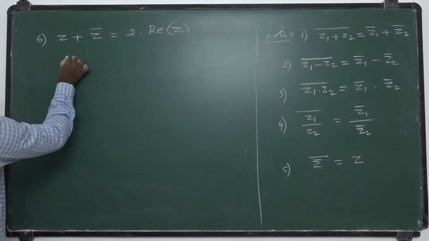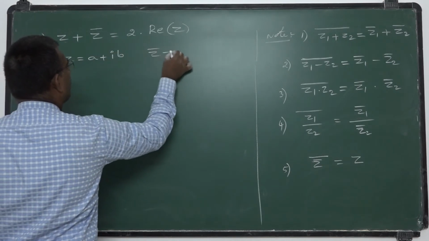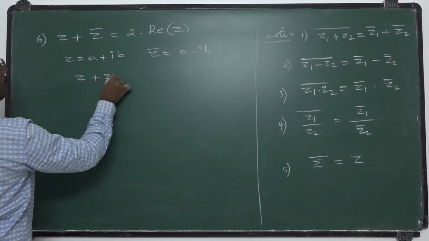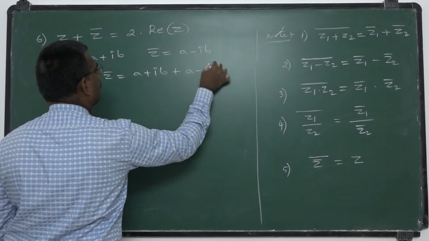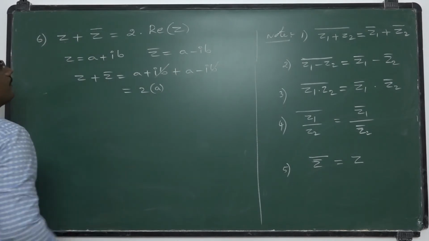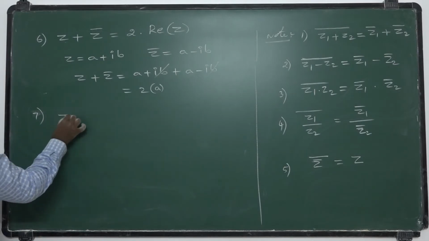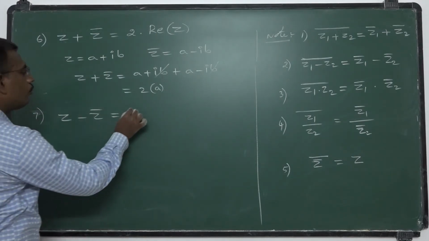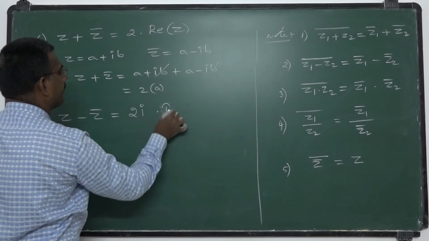For example, z equal to a plus ib, then z bar equal to a minus ib. So z plus z bar is equal to a plus ib plus a minus ib. So ib gets cancelled, we get 2 times a. So a is nothing but the real part of z. Similarly, z minus z bar is equal to 2i into the imaginary part of z.